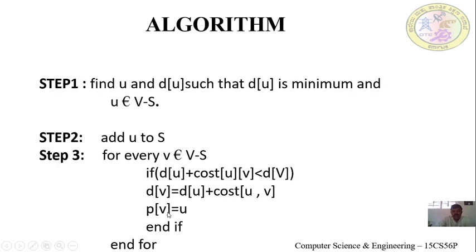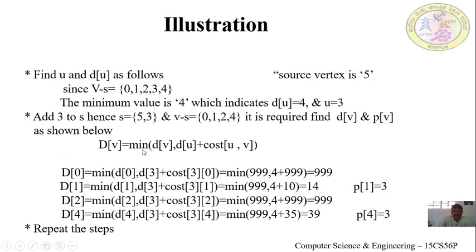We find the next node, which is 3, and that distance is 4. So we add that node 3, vertex 3, to the visited vertices, and the remaining vertices are 0, 1, 2, 4, and we need to find the distance of all destination nodes.